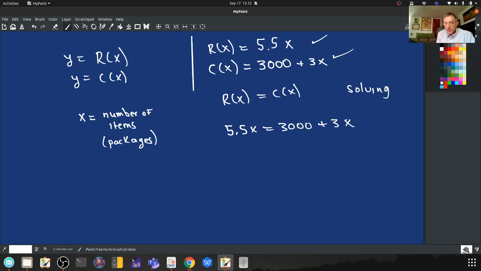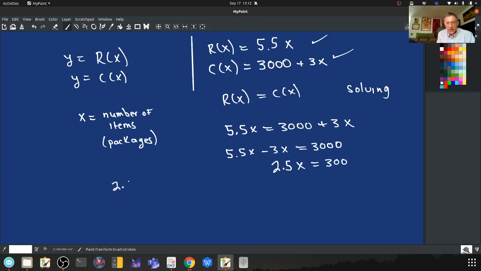So what am I going to do? I'm going to move my 3x to the other side. It becomes negative. So 5.5x minus 3x is 2.5x, which is equal to 3,000.